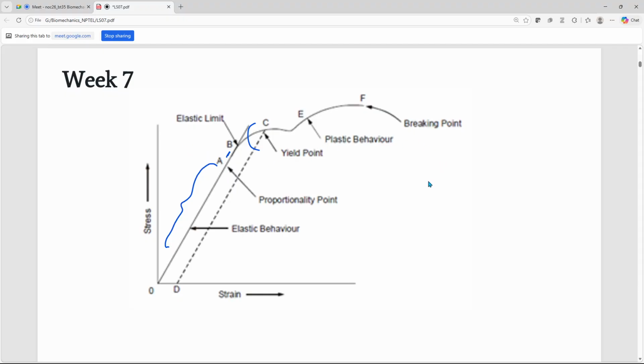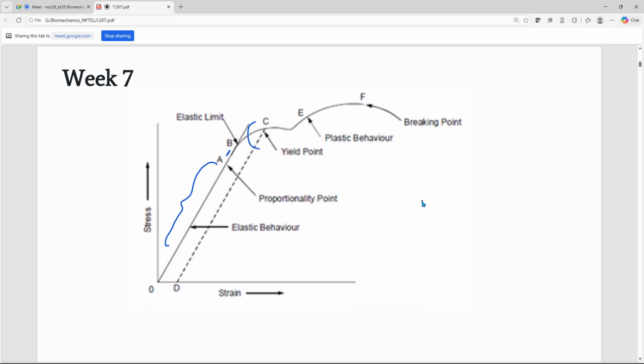We already told that stress is proportional to strain.